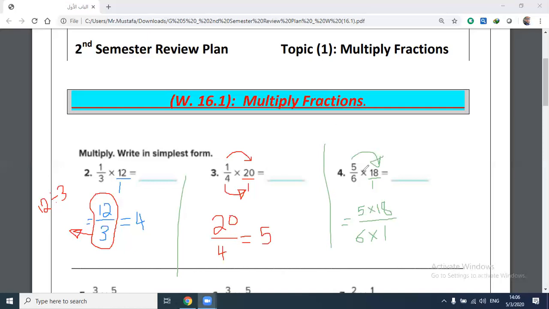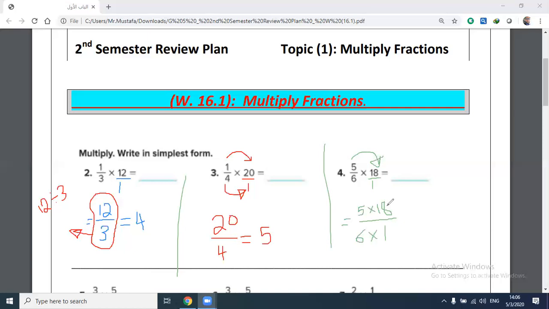Here I have 18 in the numerator. I can simplify it with any number in the denominator. 18 and 6, can I simplify them or not? Yes, by dividing by what? 3. 3 and 6, yes.